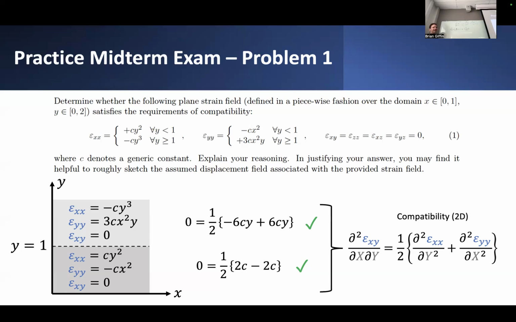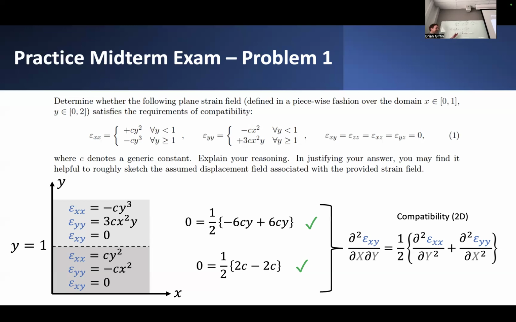Then we need to verify: is this expression for the displacement in the x direction evaluated at y equals 1 the same along that interface for all possible values of x? At any location along this length, is this expression still satisfied? So we need to verify: is u plus of x evaluated at y equals 1 equal to u minus of x at y equals 1?